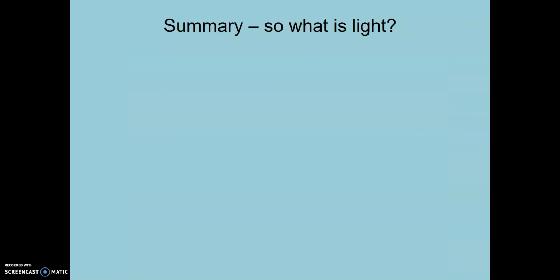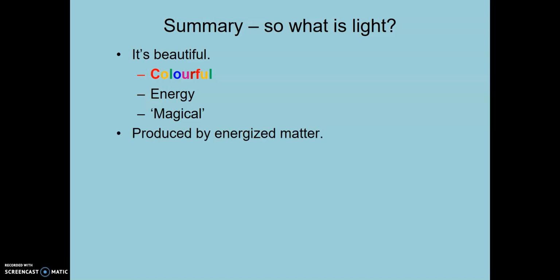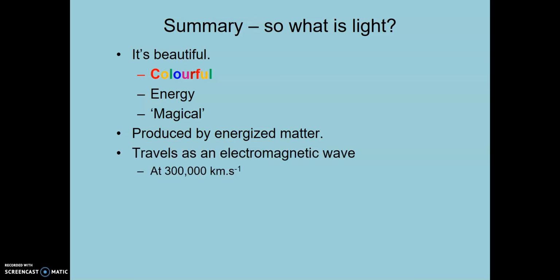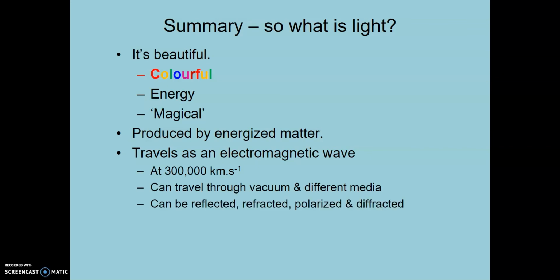So what is light? Well, it's certainly beautiful and colorful, and its energy, it's magical. It's produced by energized matter, electrons that are jumping between energy levels in atoms, travels as an electromagnetic wave, very, very fast, 300,000 kilometers per second.